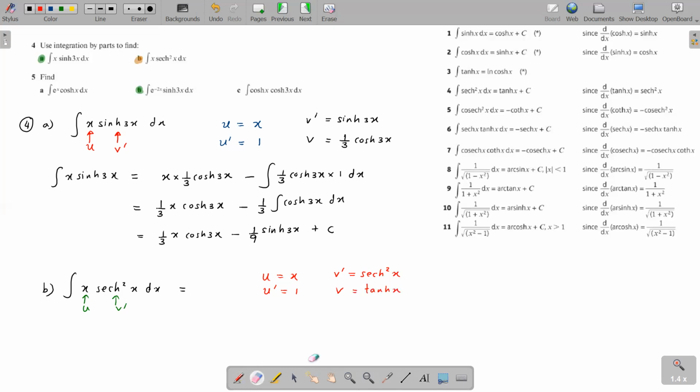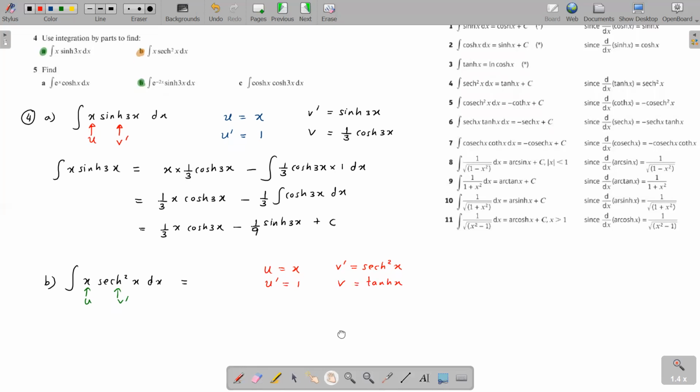So I'm doing the fourth one, part B. So let's do this one. The answer is integration of x sec square x dx is equal to what? uv minus integration v u dash, right?